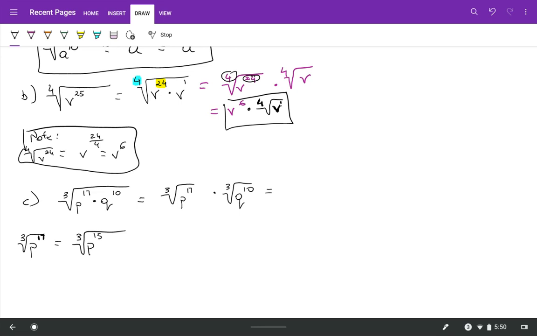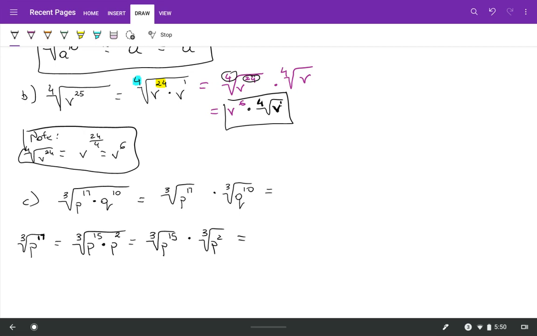Because I know that 15 can be divided by 3, times p, and again we want to get 17, so we have power 15, so we're missing 2, so that will be p to the second power. So now this is the same as cube root of p to the power of 15 times cube root of p to a second power.